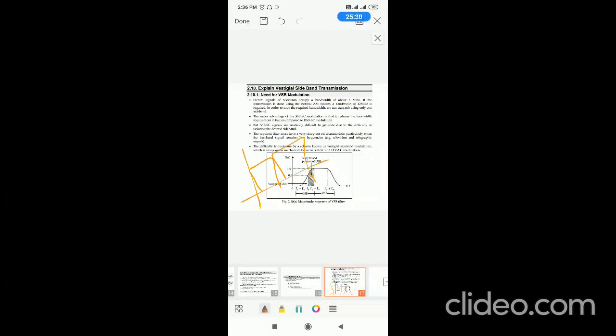When you want to remove this total sideband, it not only removes this lower sideband but also some portion of the upper sideband also. So that is why instead of sending only one sideband, it sends one full sideband and some portion of the other sideband also. This is called your vestige, and its frequency is fv.